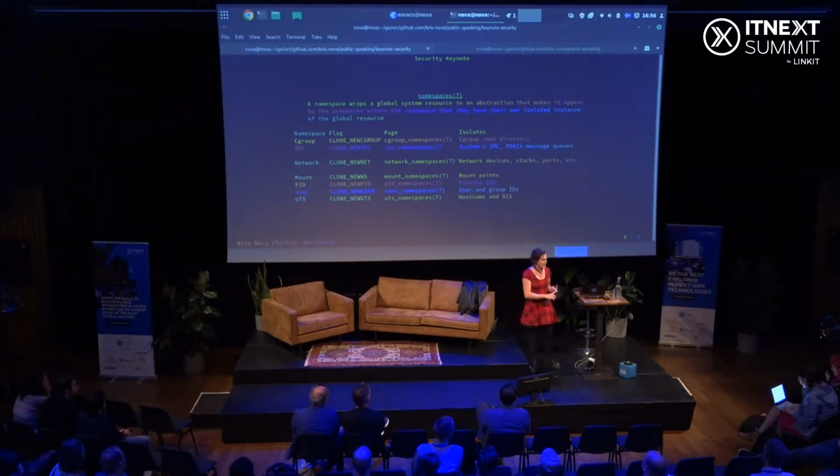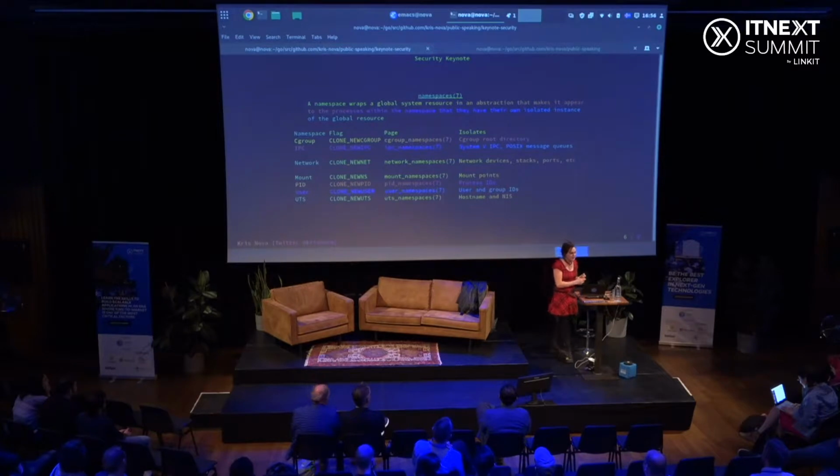How much storage can it have? What other types of processes on the system can it talk to? What other processes on the system can it even acknowledge or even realize that they are actually there? And so now we can start to govern this on a Linux system. Everybody good on namespaces? Groovy.